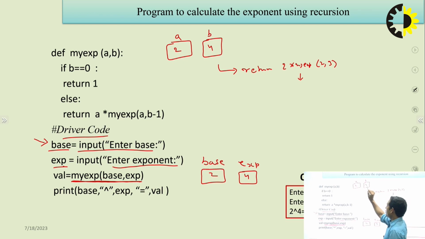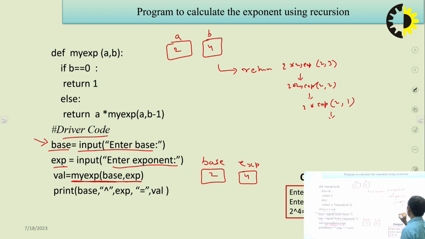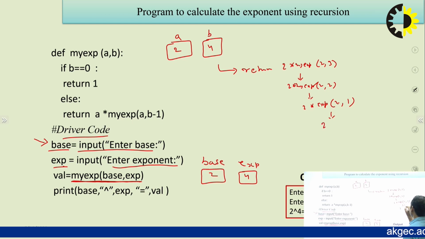Again b is not 0, so again the else part: 2 into myexp, this is 2 and this is b minus 1. Again a recursive call, this is 2 into myexp, 2 and 1 decrease, and again a into myexp, 2 and decrease to 0.